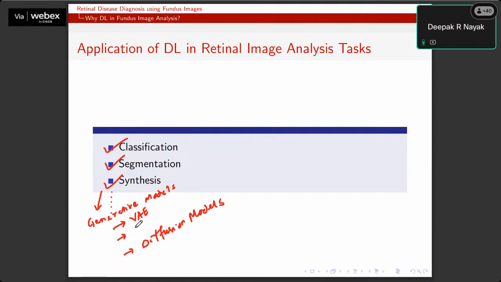And in between, there's a very popular architecture known as generative adversarial networks and its several variants. So all these approaches have been explored. If you go through the literature, you will find how people have made synthesis of the retinal fundus images. These are some of the architectures that have been explored extensively for the synthesis of these retinal fundus images.